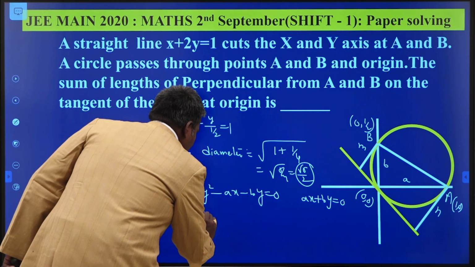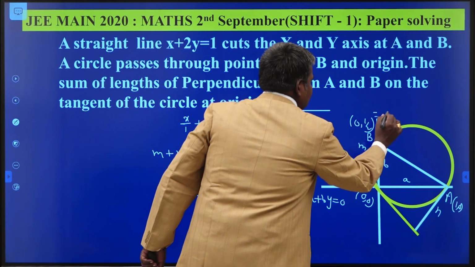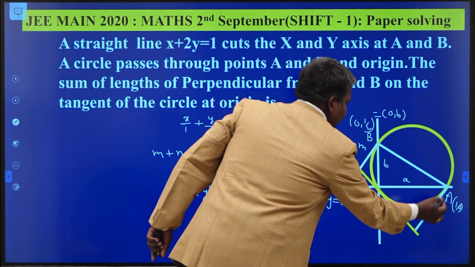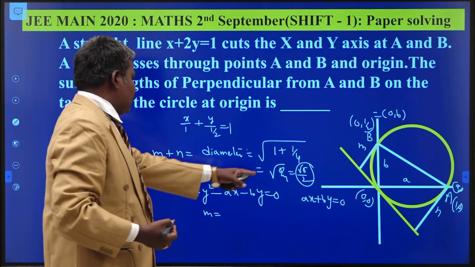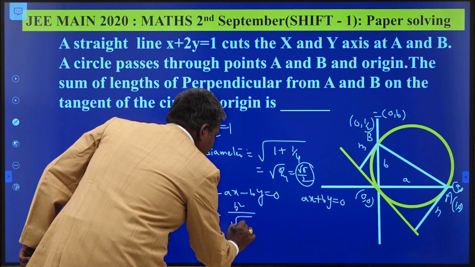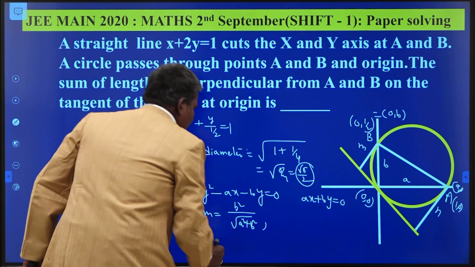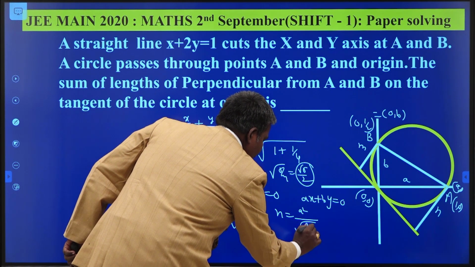Now, what is the m value? Perpendicular distance from (0, b). These are the coordinates (0, b), and these are the coordinates of A, that is (a, 0). So the perpendicular distance from (0, b) to that line is b square by root of a square plus b square. Similarly, n equals a square by root of a square plus b square.